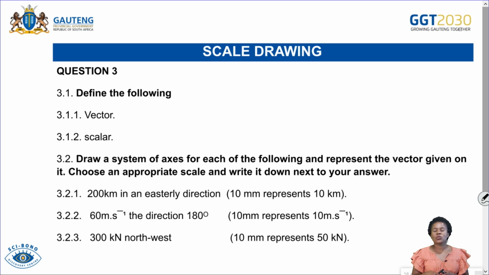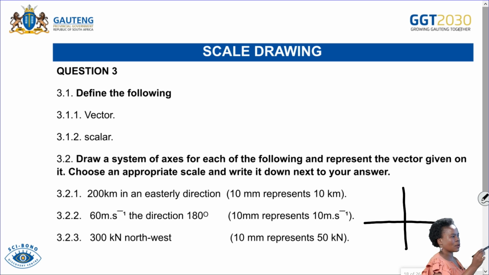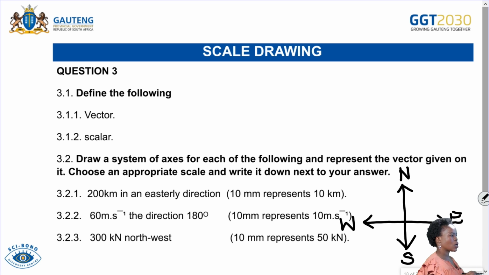The other one is 300 kilonewtons northwest. Okay, let us remind each other. Where is your northwest? Where is that compass direction? This is your north, this is your east, this is your south, and this is your west. So when it is northwest, that means that it is in the fourth quadrant. In there, this is your northwest.